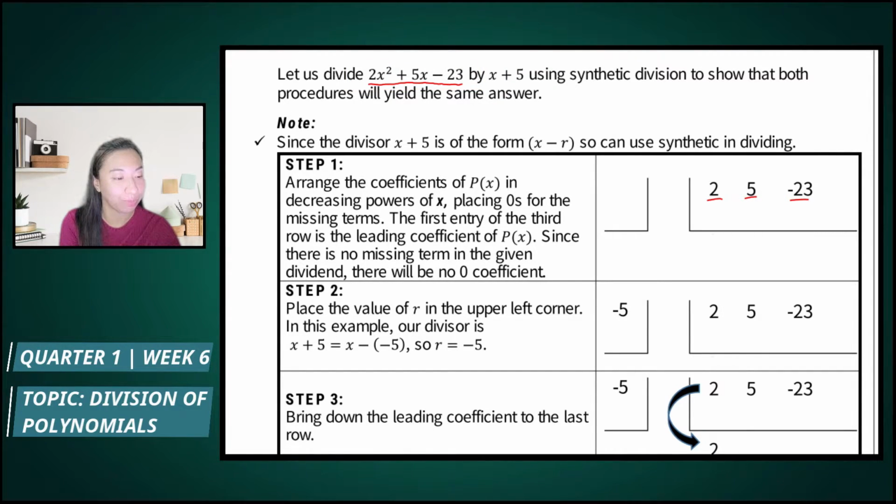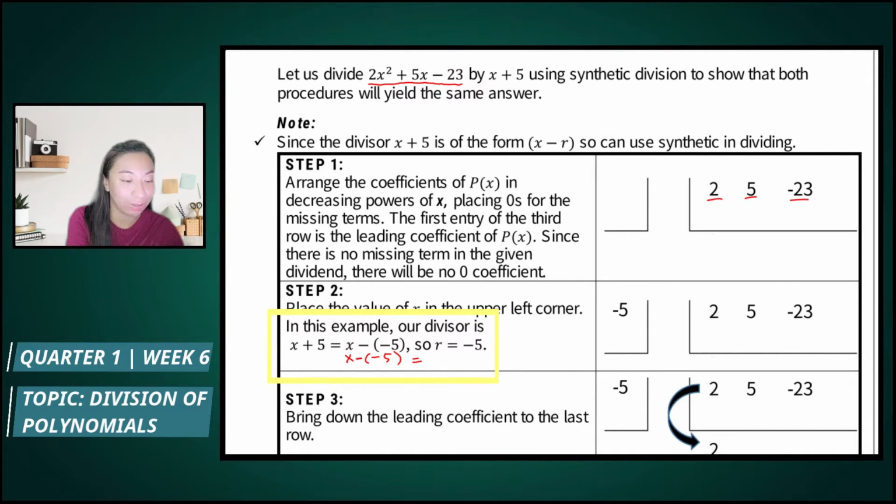Step number 2. Place the value of r in the upper left corner. In this example, our divisor is x plus 5. We have to write it in the form of x minus r to be able to determine the value of r. Since we have x plus 5, if we write it in the form of x minus r, our r will be equal to negative 5.